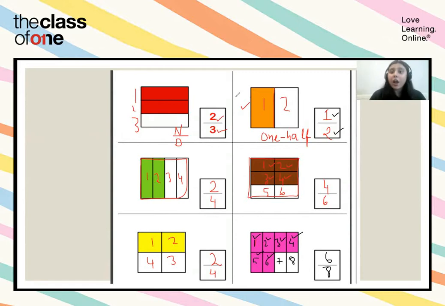Fractions are there around us also. Suppose it is my birthday today and I am ordering a cake for my friends. So I bought a cake which has 8 equal slices, 5, 6, 7, 8. Now I have 7 friends and I am also one person. So 7 plus 1, 8 people in total.